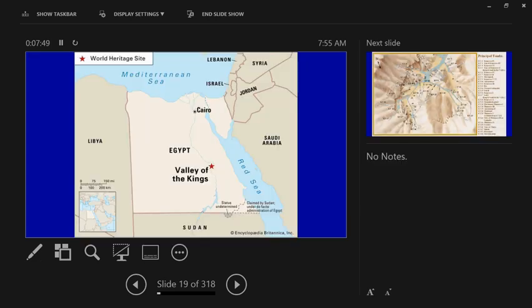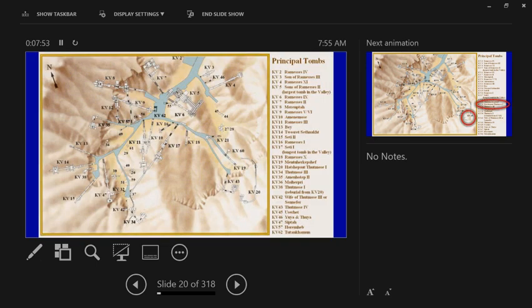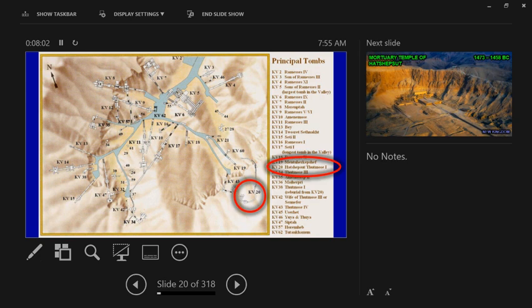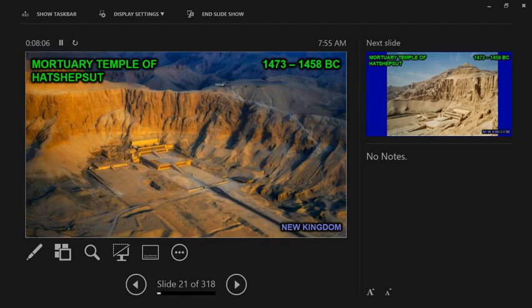All right, so we're going to go to the Valley of the Kings. And in the Valley of the Kings, there are tons of tombs and structures for the pharaohs. So we're going to go to KV20 right here, and we're going to look at the mortuary temple of Hatshepsut.